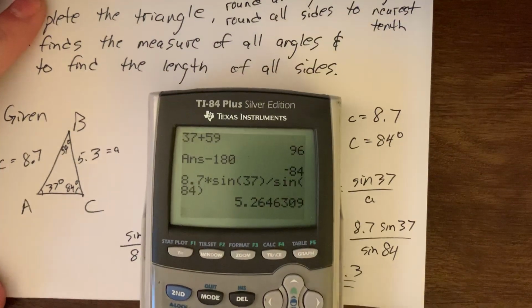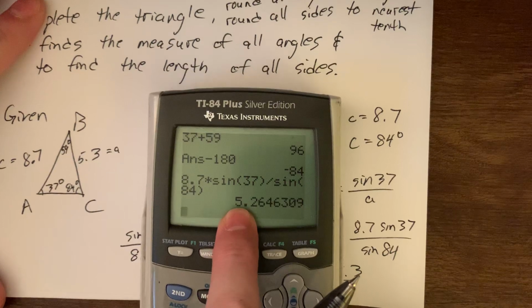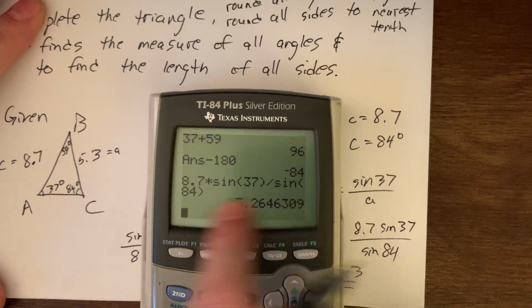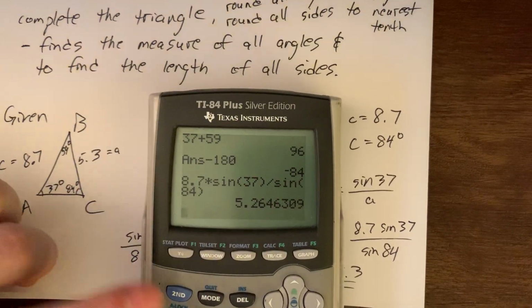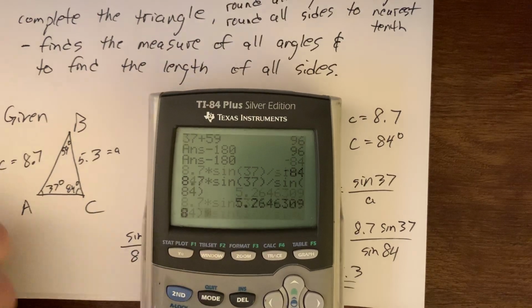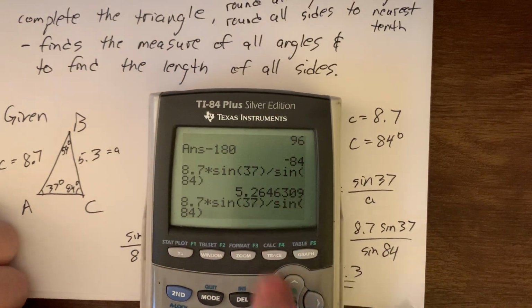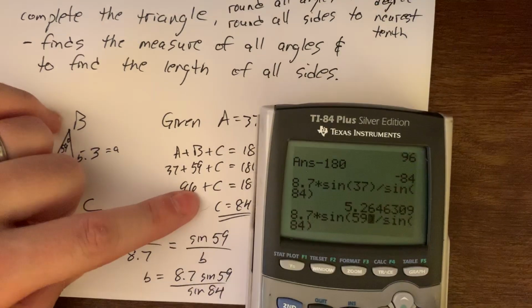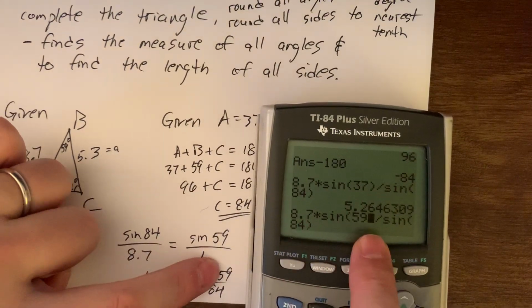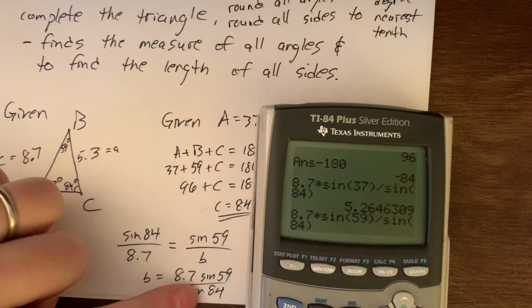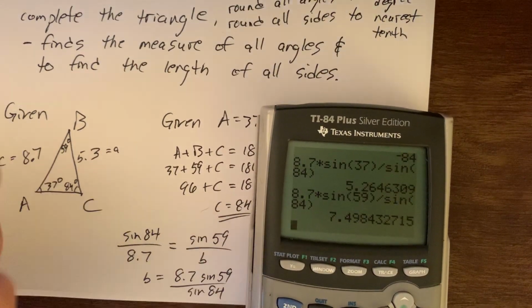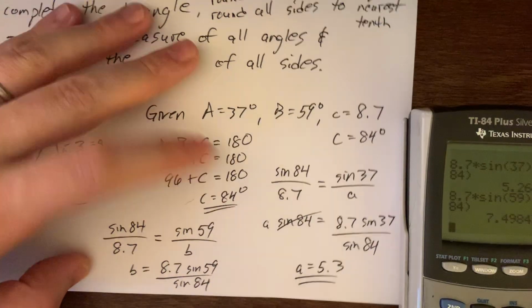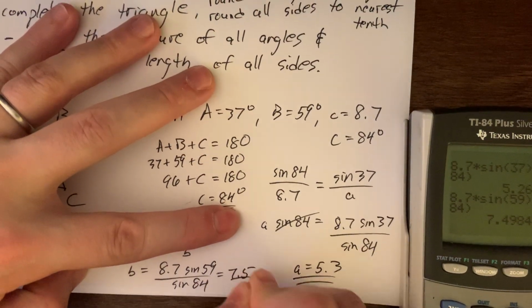Some people notice it's so similar, you could do your second enter button and just change this angle. Now this has just become 59, but everything else is the same. 8.7 sine of 59, already have the parenthesis, divided by sine of 84, and rounding off, we would get 7.5 for B.